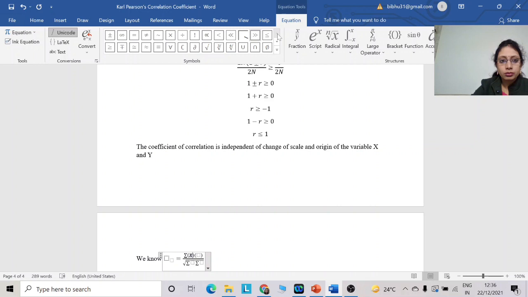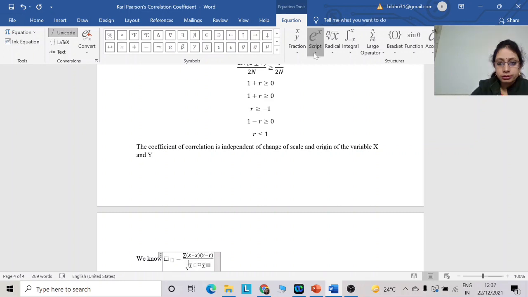So instead of small x small y, I am writing x minus x bar and y minus y bar. And here the whole root over summation small x squares, summation small y squares, I'll write as x minus x bar whole square and y minus y bar whole square.